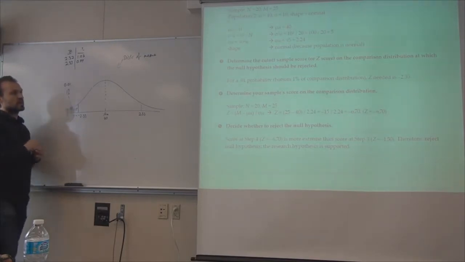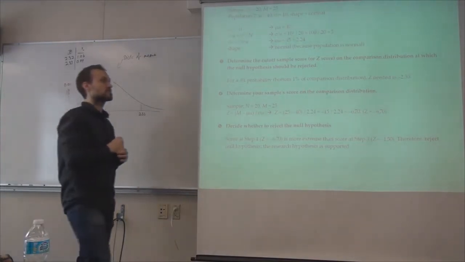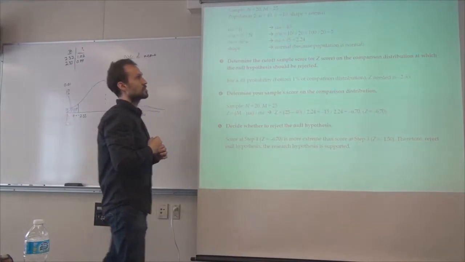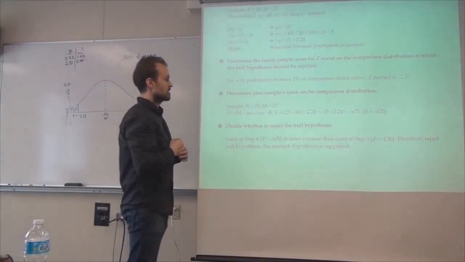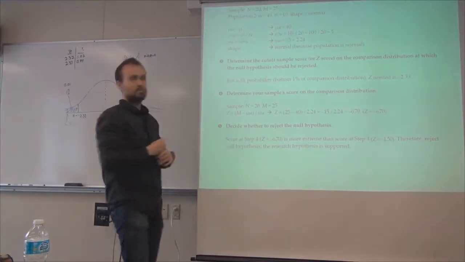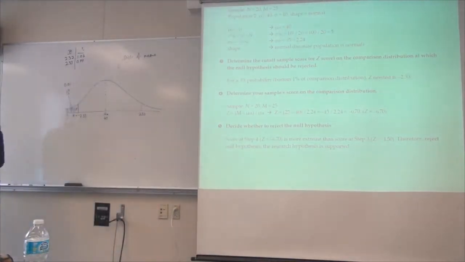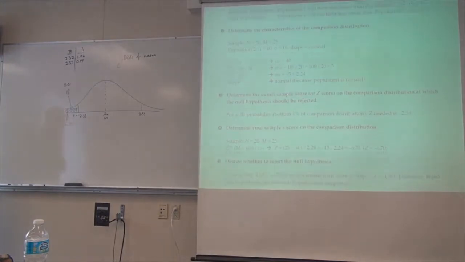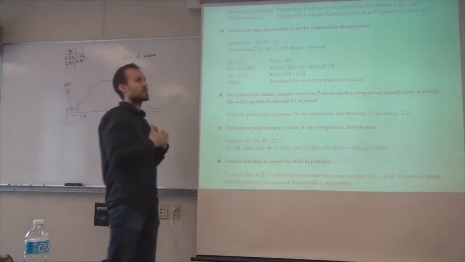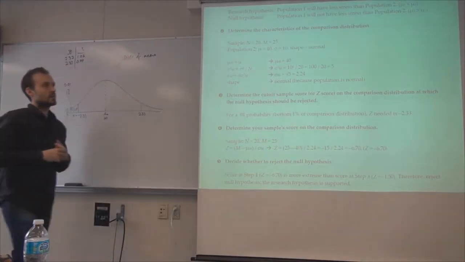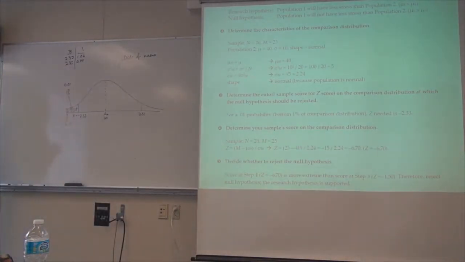So that is strong enough evidence to say, yes, this does lower the stress as I hoped. So I reject the null hypothesis that says it did not, in support of the research hypothesis that I was hoping to be true. Any questions on that?